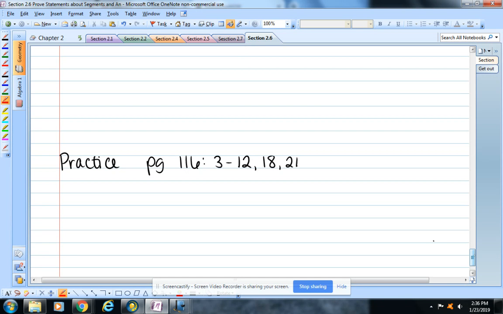Okay. Then when you get to number 5, you use the reflexive property to fill in that blank. So what does reflexive mean? Equals itself. So what is congruent to segment SE? Segment SE. Right? Does that make sense? On number 6, you use the symmetric property to say something.